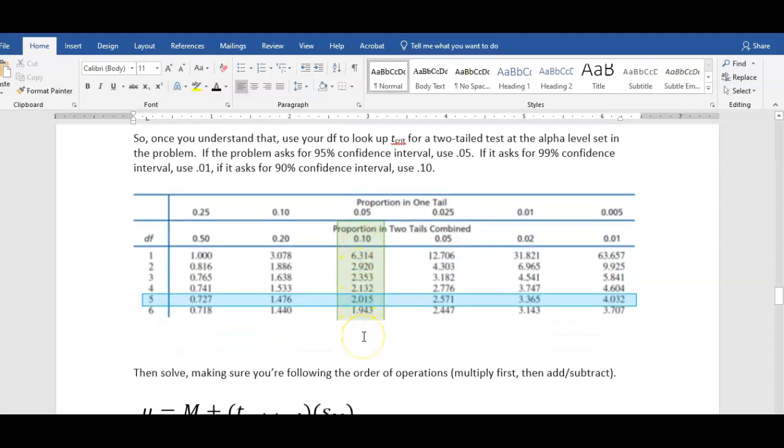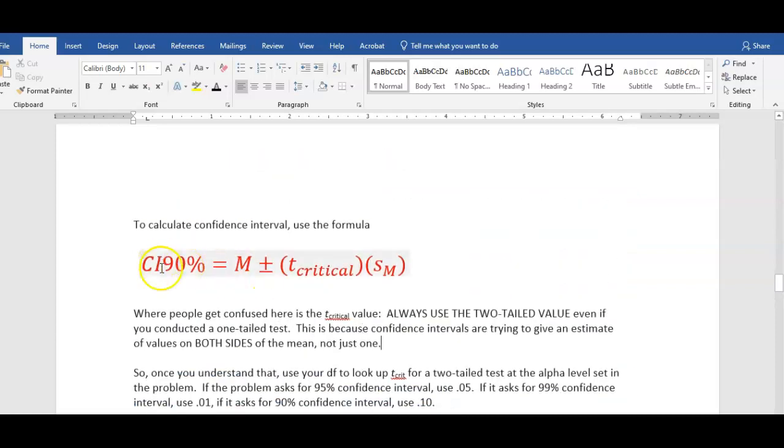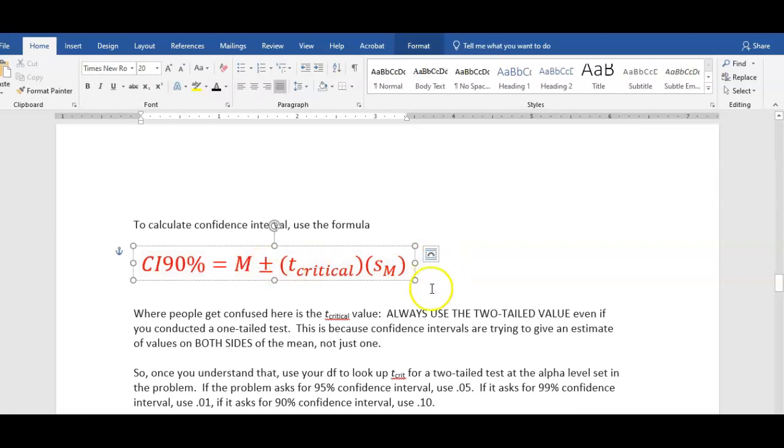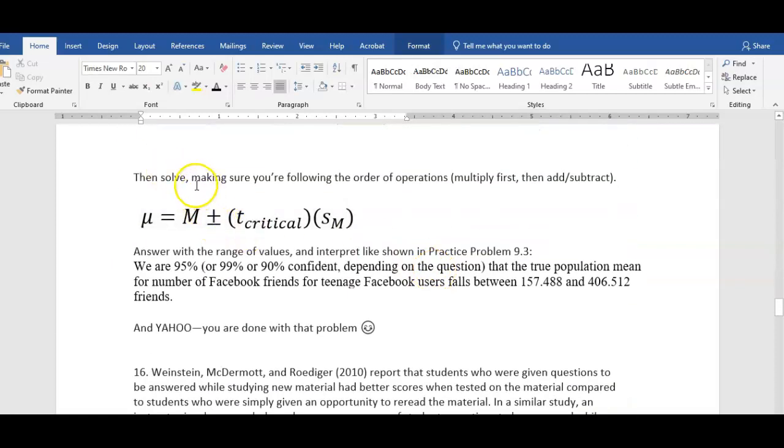I would scroll all the way down to degrees of freedom of 14, use that t-crit value, and plug it in. Follow the order of operations: multiply the t-critical you just looked up by the standard error of the mean you calculated earlier, then add and subtract that value from the mean to get the range of scores. Then answer with the range of values and interpret it just like you did in practice problem 9.3.